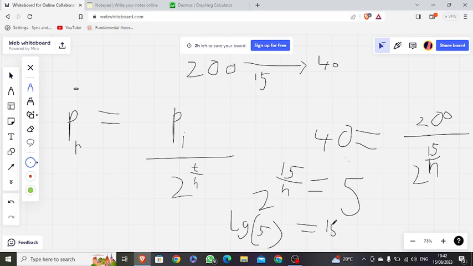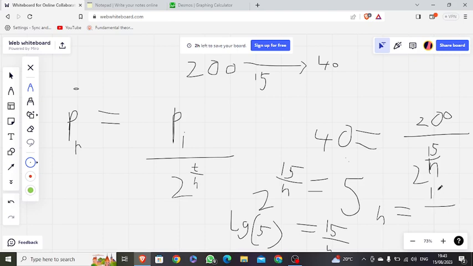Now remember, I don't know the half-life myself. So to find the half-life, we can just say the half-life equals 15 over LG5.